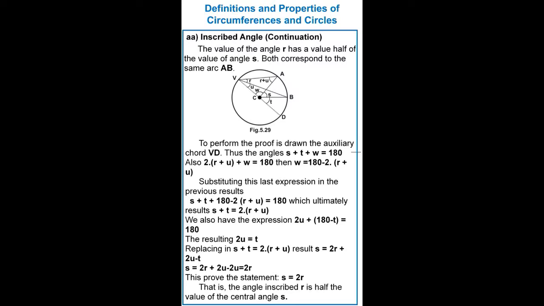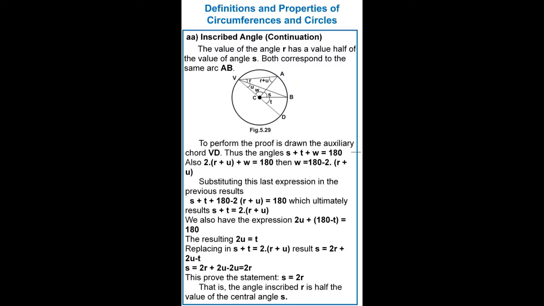However, the value of the angle W plus S is equal to 180 degrees minus the value of the angle T, because the angles W plus S are supplementary to the angle T. Hence we get the expression saying that twice the value of the angle U plus the supplementary angle 180 degrees minus T equals 180 degrees.